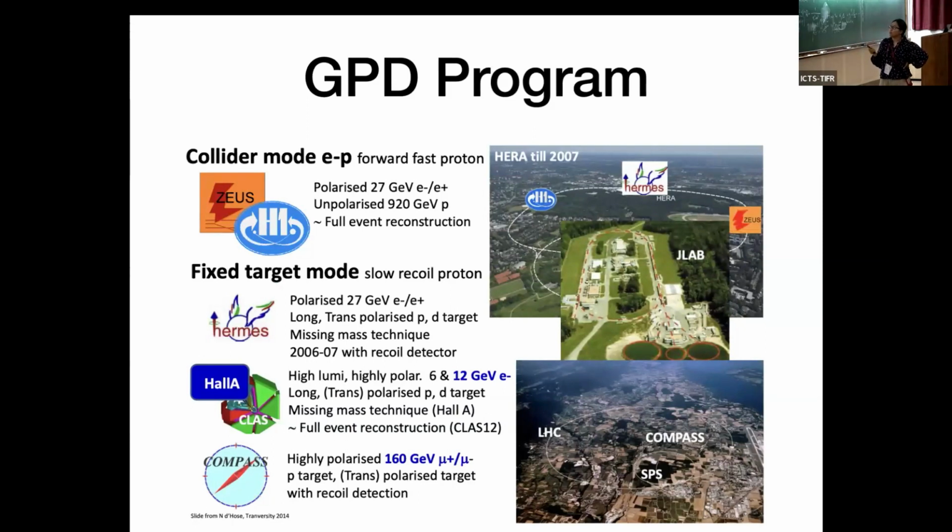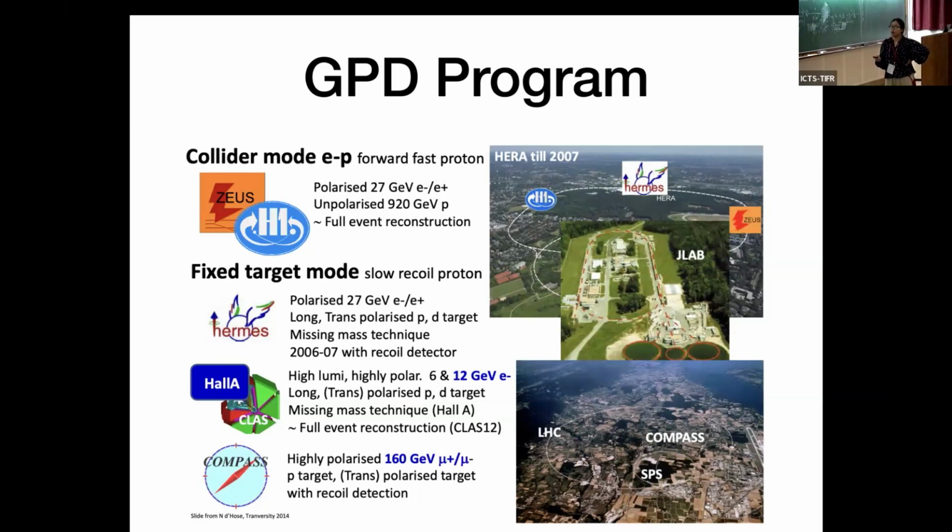All right, so the GPD program: you have the collider mode at HERA. HERA, H1 and ZEUS, had the ep collider. The proton was unpolarized, but for the electron beam you can have different charge, for example, and different spin. So they measured some of the cross-section and the beam charge asymmetry there.